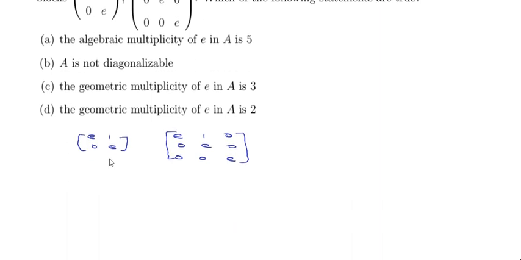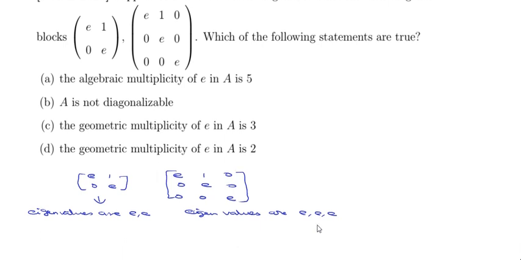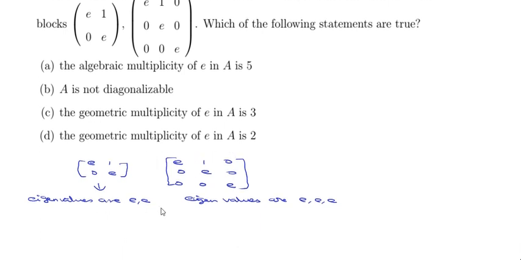So there are two blocks. Again this is an upper triangular matrix, so eigenvalues are its diagonal entries. Here the eigenvalues are E, E, and here it is also an upper triangular matrix, so eigenvalues are its diagonal entries: E, E and E. Now we will find the algebraic multiplicity.